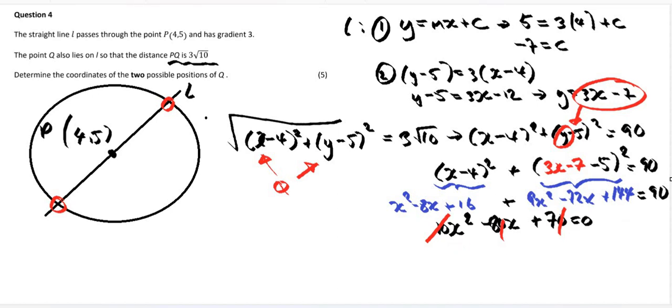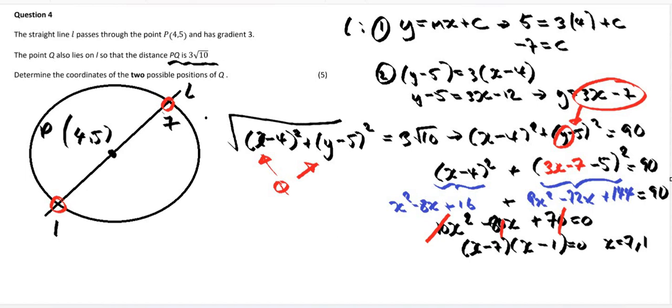So now I can factorize that. Use a calculator. x minus 7, x minus 1 is 0. So x equals 7 or 1. So that means if this is x equal to 4 at P, this will be 7, and this will be 1.